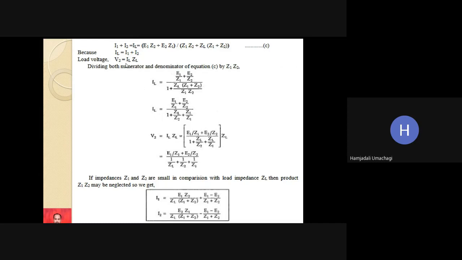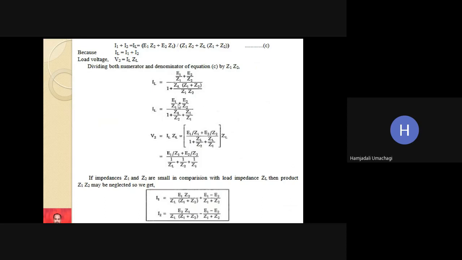Now once again make use of the load voltage formula, V2 is equal to IL into ZL. Here ZL is my load impedance, and we have already calculated the load current IL, so replace the IL value by this.